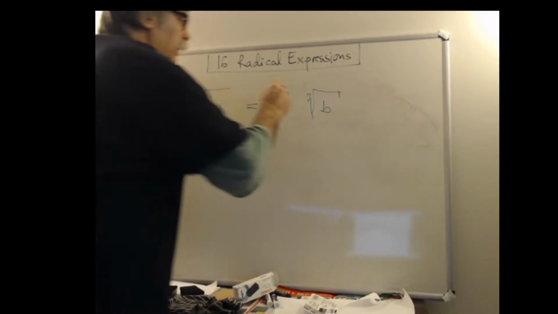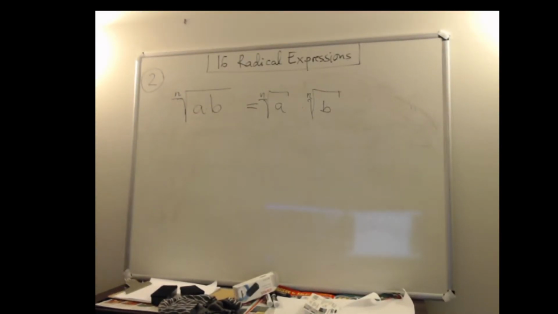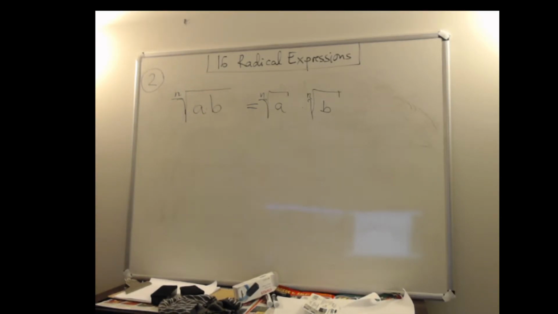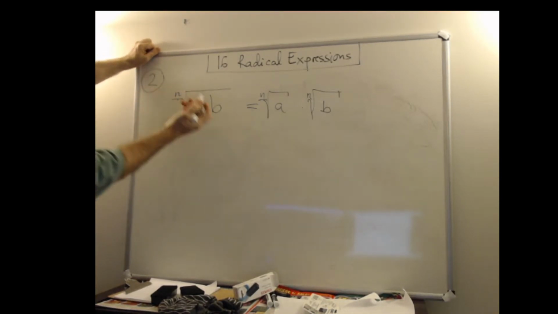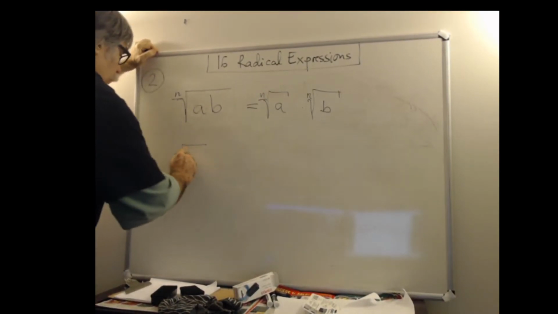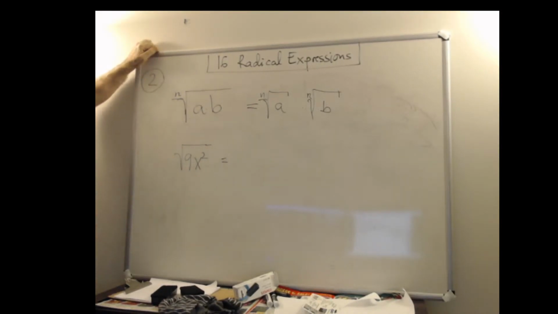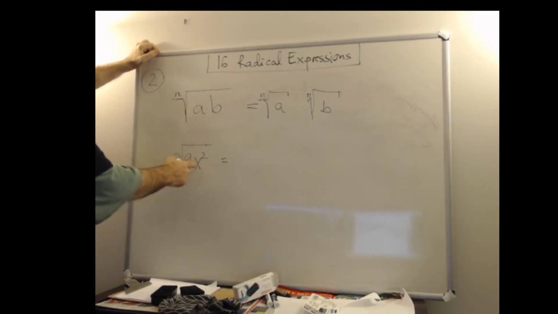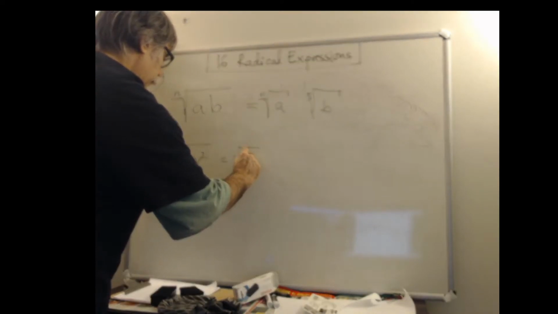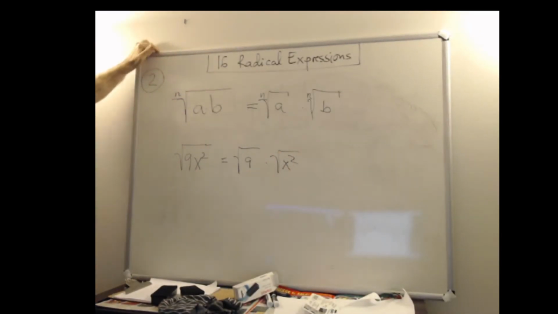So there is a little caveat here. You need to make sure you remember that. If n is odd, no problem. Okay? Now how do you use that? Here is an example. Just moments ago I had this radical of 9x squared. Factor: 9 times x squared. So you can do the radical of 9 times the radical of x squared, and now it becomes simpler.